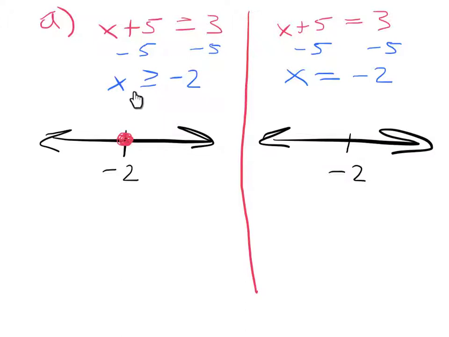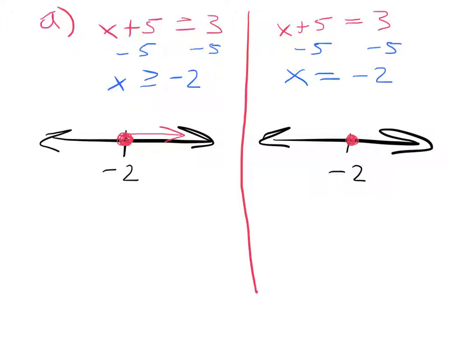That means the x is allowed to be negative 2. Then x is on the large side, and so we graph to the right. On the equals side, when I have an equality, what that means is it's just this point. And that's it. There's no arrows or anything. The answer is negative 2.